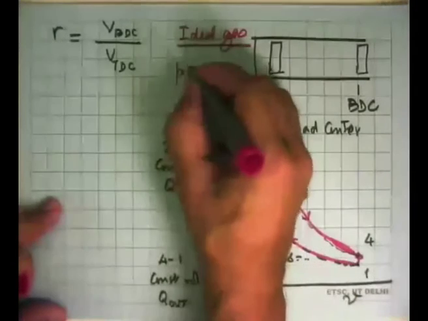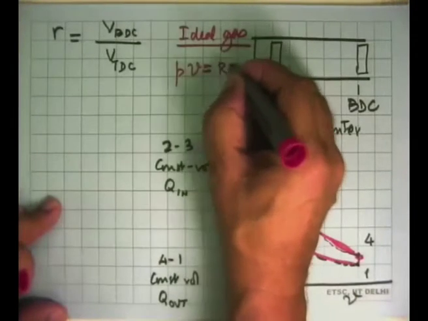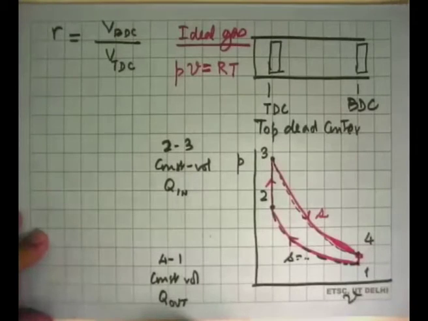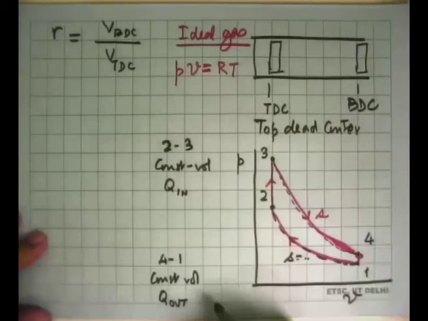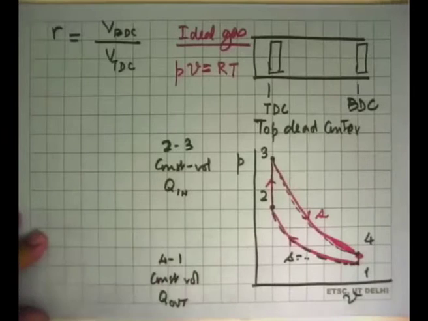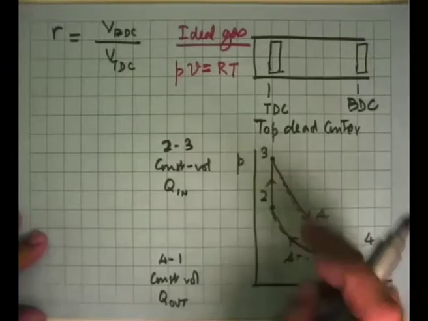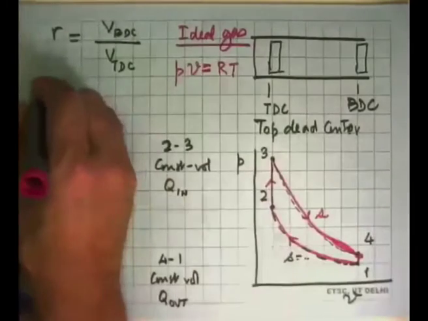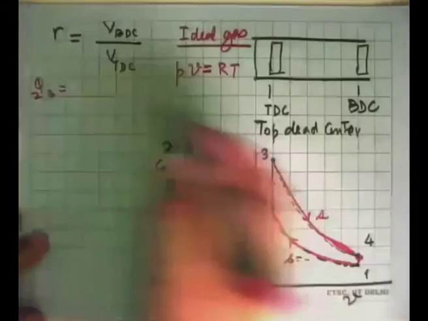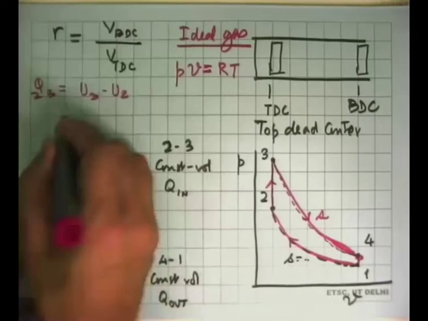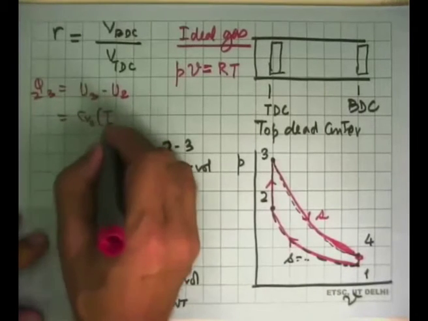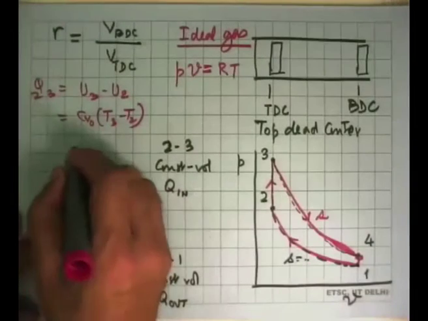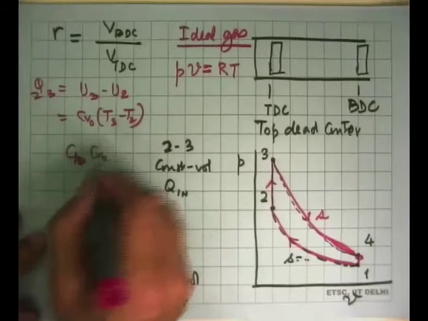So PV equal to RT is the equation of state. This can be applied. This is an isentropic process. This is an isentropic process. And we can start doing the complete analysis from everything that we have learned. Process by process we write the equations. From process 2 to 3, this is a closed system. We write Q23 is W23, which is 0, plus U3 minus U2, which is Cv0 times T3 minus T2. So similarly, every process can be written in terms of Cp, Cv0 and the temperatures.